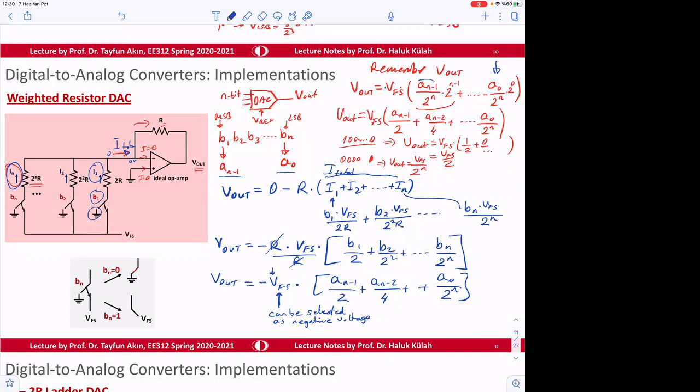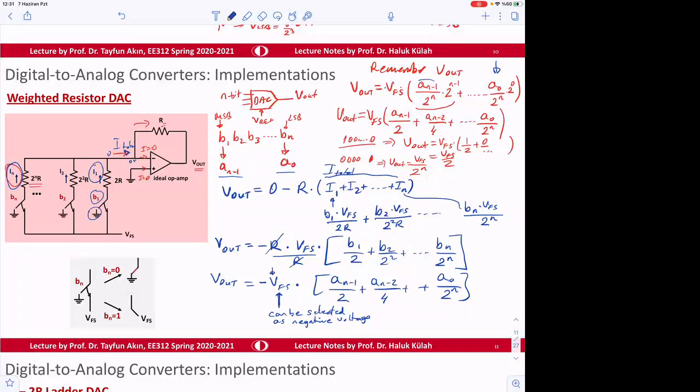So then the output voltage is going to be positive. This is how we can implement a digital to analog converter. This is very easy in a sense, and that's what we end up getting. I hope this is clear, and I'm going to stop here.